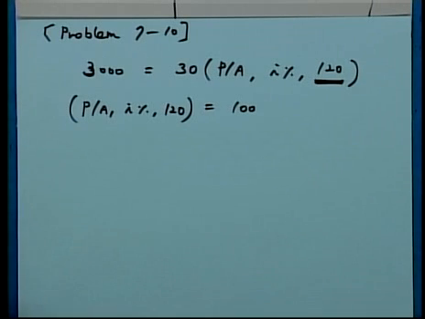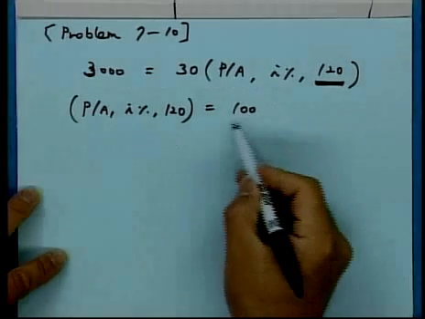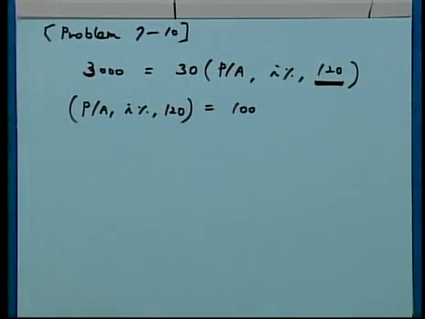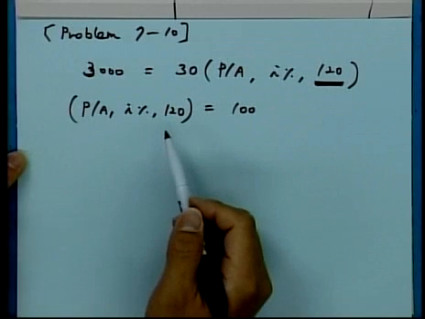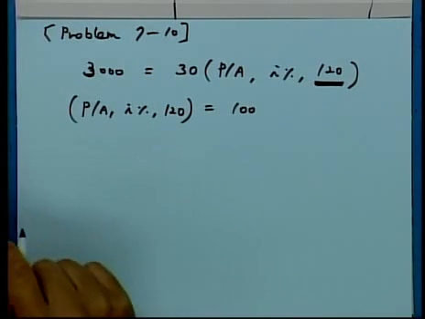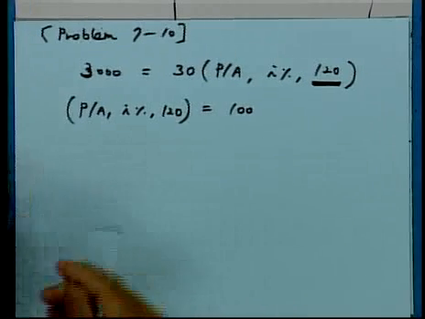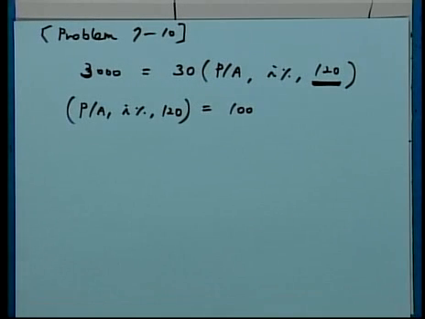So obviously the appendix C of our text does not include an interest rate that provides 100. So we're going to use the linear interpolation technique to compute the value of the factor. As usual, we need to find the two closest interest rates from the compound interest table to minimize the error.